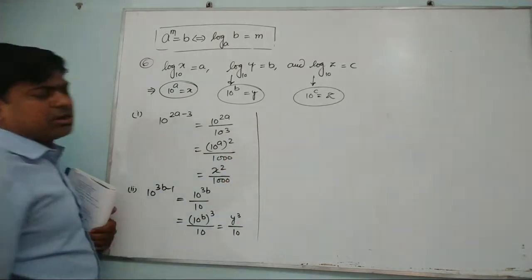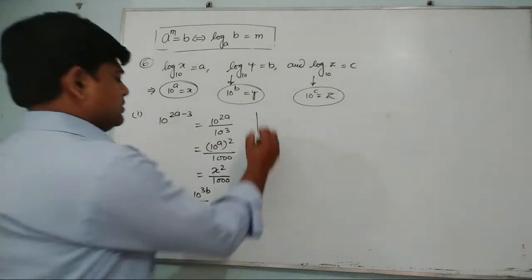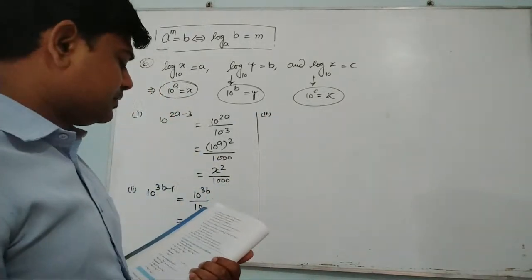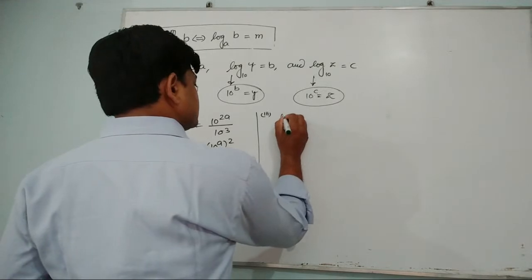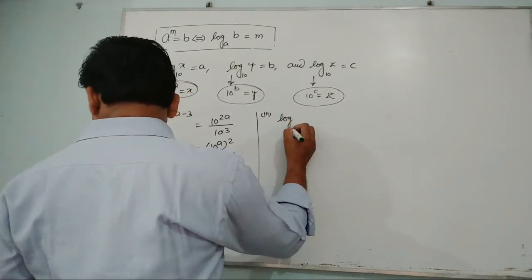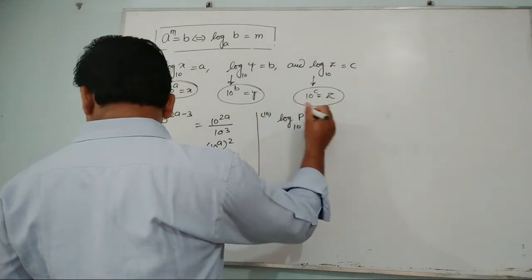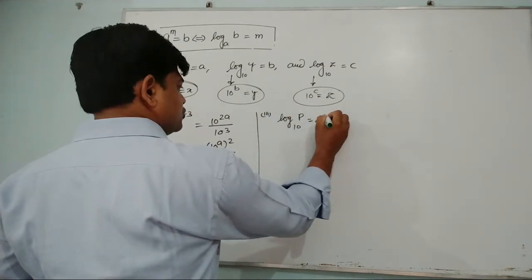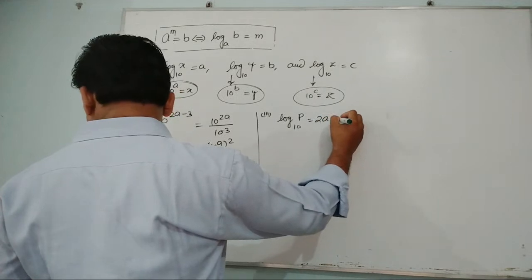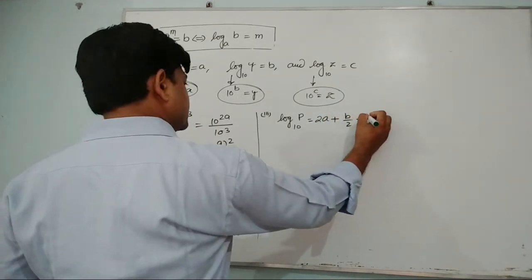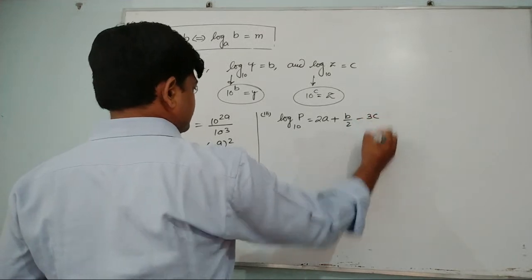Now I am moving to the third part. What is the third part? Listen to me. The third part has been given: log p base 10 is equal to 2a plus b upon 2 minus 3c.